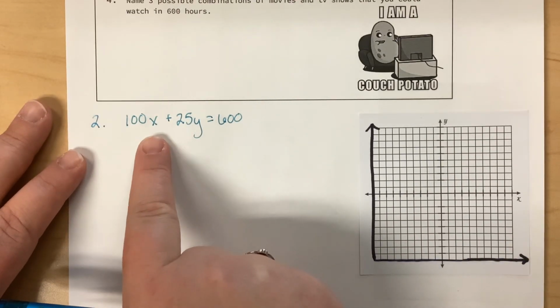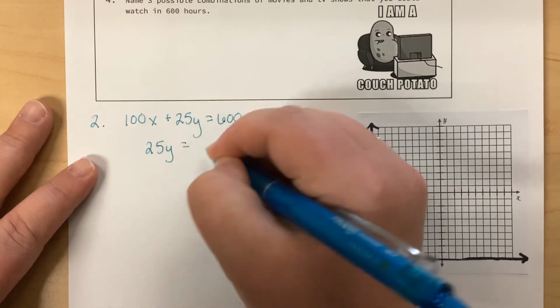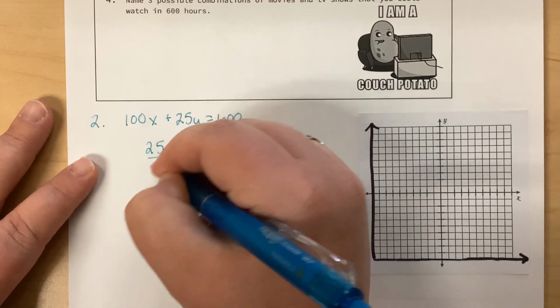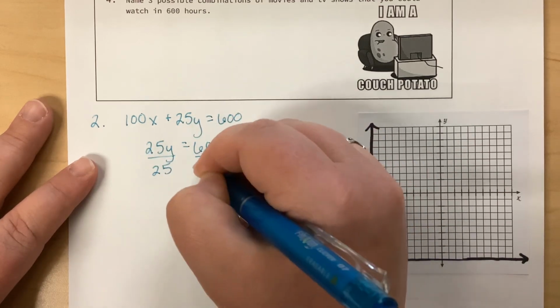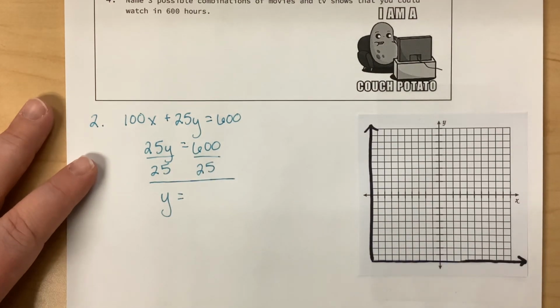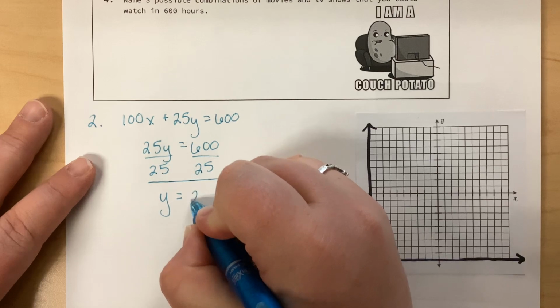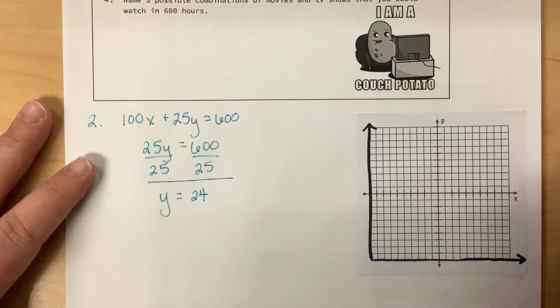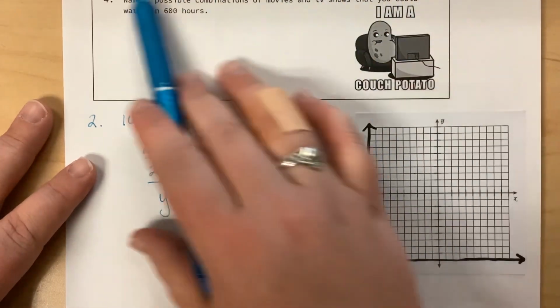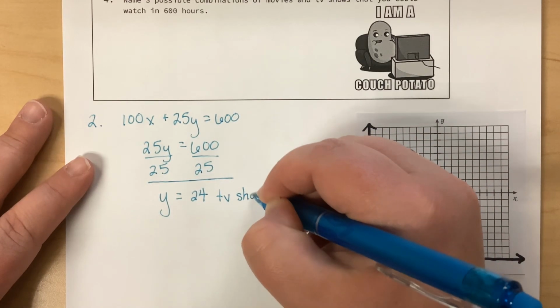Now 100 times 0 is 0, so I'm left with 25y equals 600. And to solve that, I divide both sides by 25, and I get y equals 600 divided by 25, which is going to give us 24. Okay, and the y value is TV shows, so 24 TV shows.